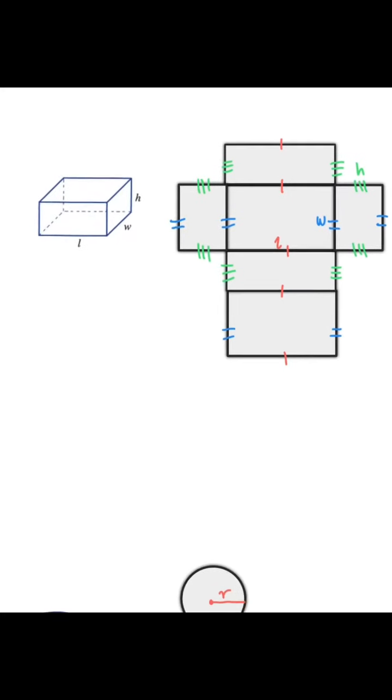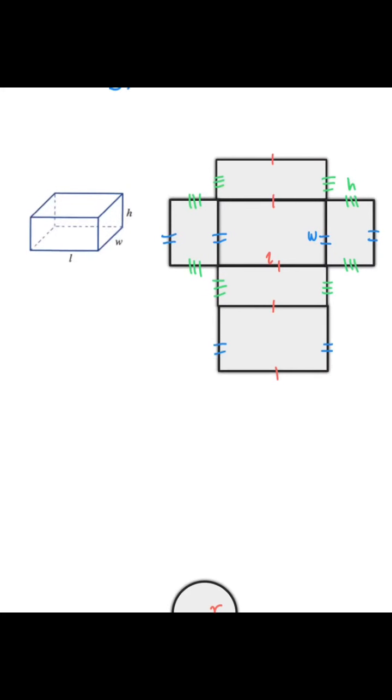Alright, over here I have a rectangular prism. It's similar to a cube, but slightly different, because not all the sides are the same. I have a length, a width and a height. They can be the same, they can be different. If they're the same, it will be a cube.